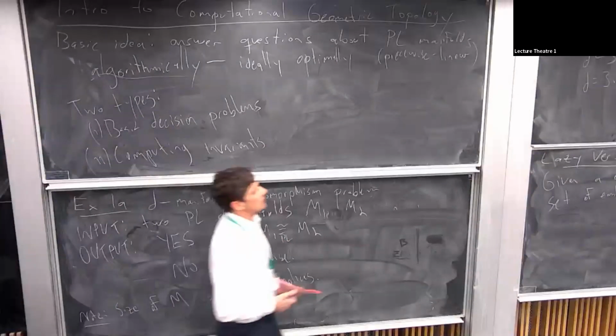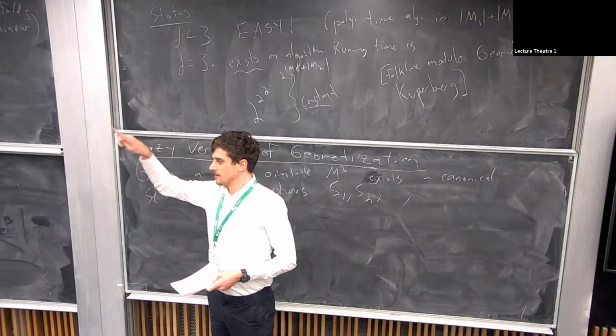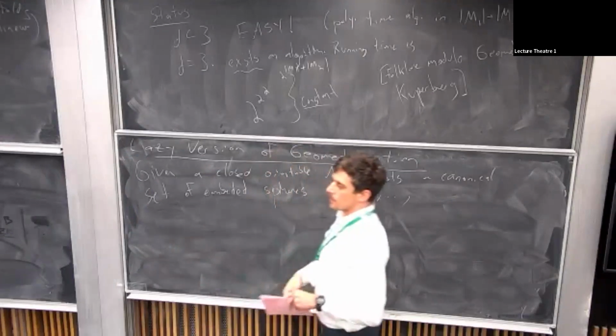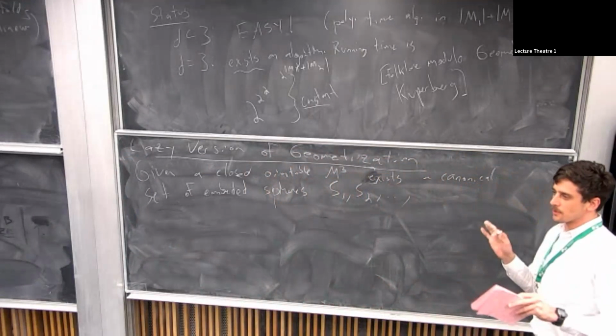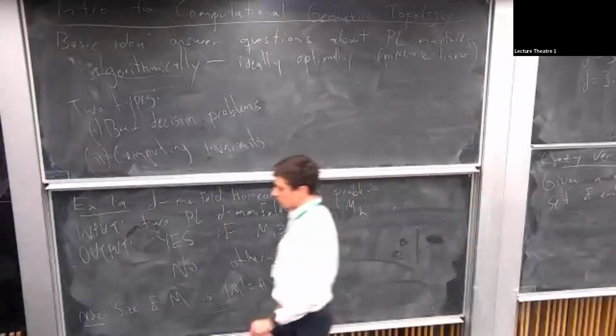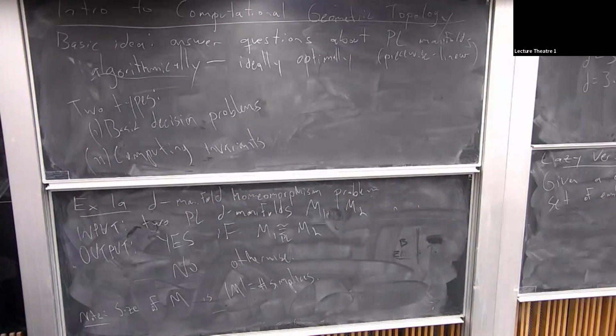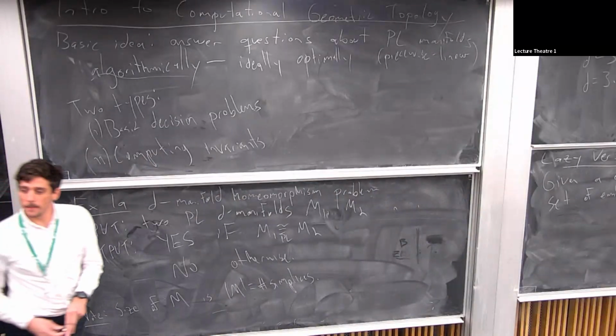Oh, so a PL 1-manifold is just a disjoint union of cycle graphs. Sorry, I was a little confused. An arbitrary graph is not a manifold, right? So it's a manifold with a simplicial presentation? Exactly. To triangulate that.